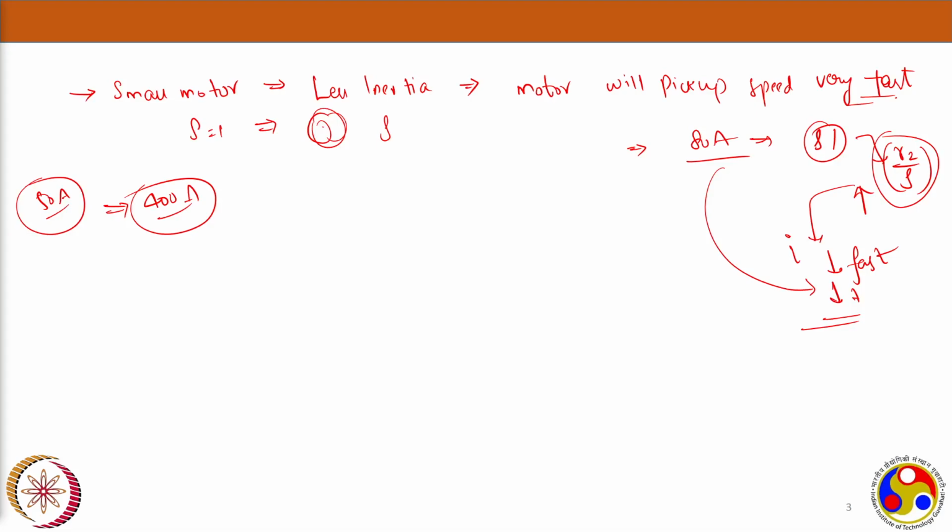So let's see, it's in a bus kind of system, that is, a single bus providing for different loads. Let's say this is three phase A, B, C. This is the bus.